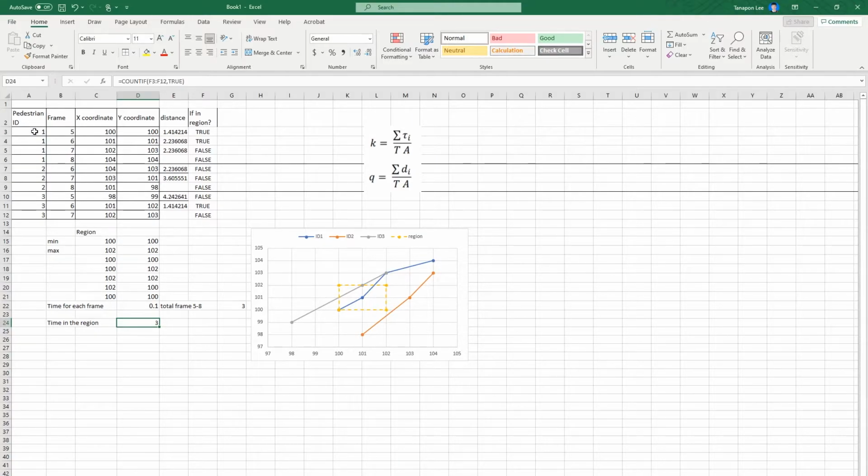Pedestrian 1 is in these regions for 2 time steps, for 2 frames. Pedestrian 2 is not inside this region at all. And pedestrian 3 is inside for frame 6 to 7, so just 1. That gives 3, and you can multiply that by the time for each frame. And then we can calculate density like this.